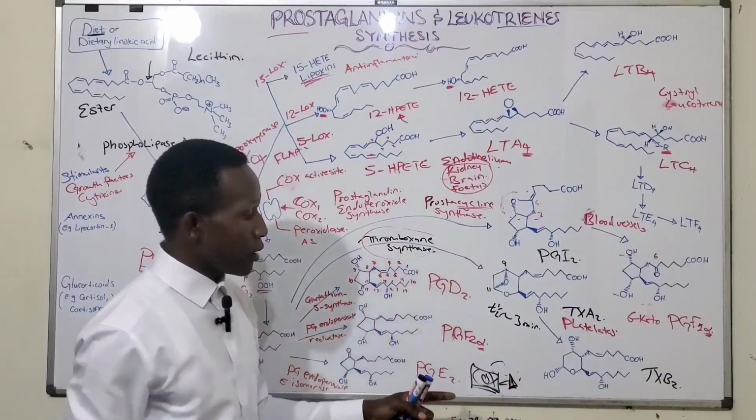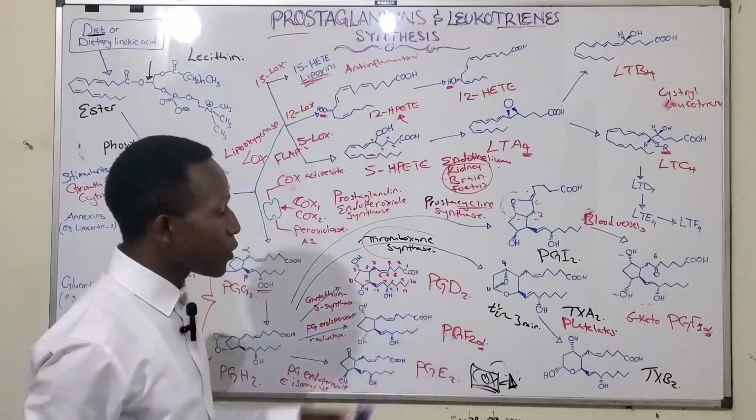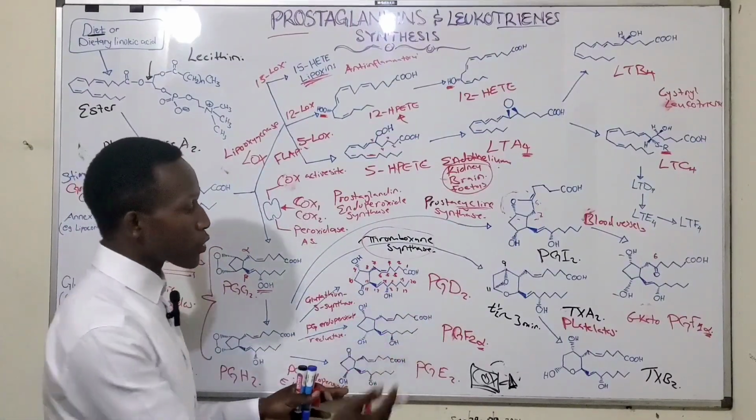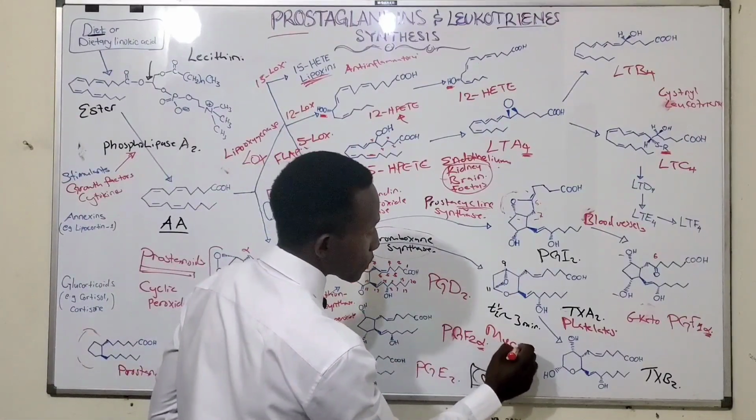Then the prostaglandin E2 and F2 alpha, then D2, they are also present mainly in different tissues, but also in the mucosa of the GIT.